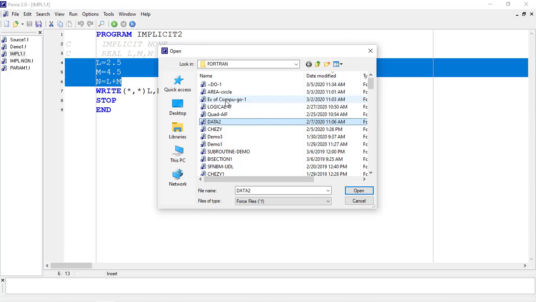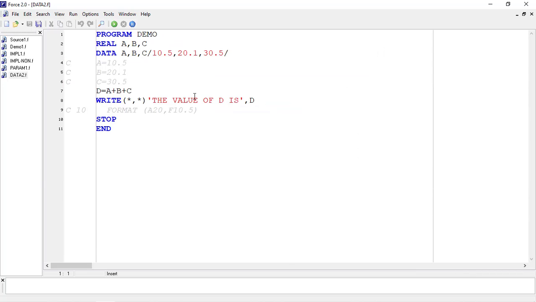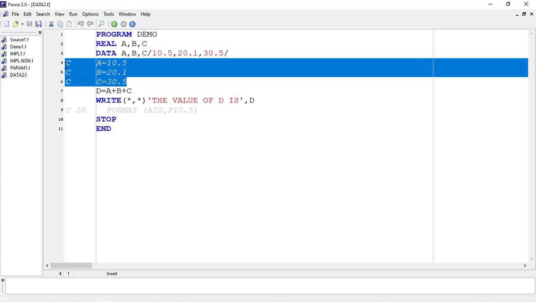If we look at a data statement program here, we have first defined real data type A, B, C, and then used the data statement with A, B, C as the variables and the values 10.5, 20.1, and 30.5. These are comment lines, so they can be ignored.